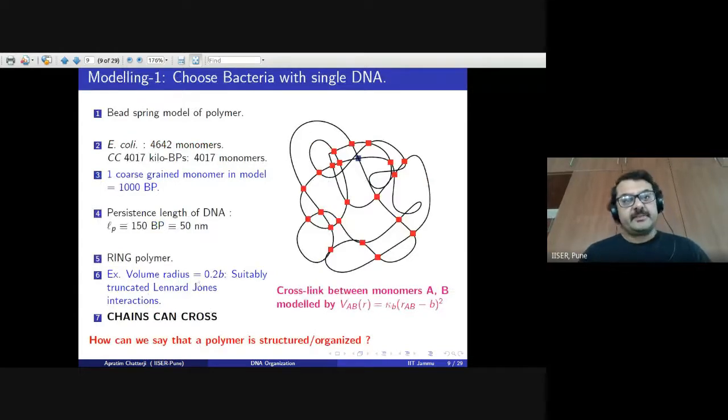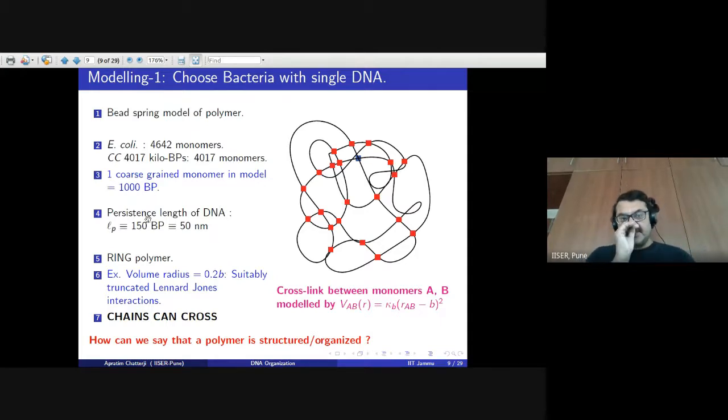Okay, so details of the model. I use an extremely coarse-grained bead spring model of the polymer. I already told you that E. coli we model by 4642 monomers, and C. crescentus by 4017 monomers, so that each coarse-grained monomer in our model represents 1000 base pairs.